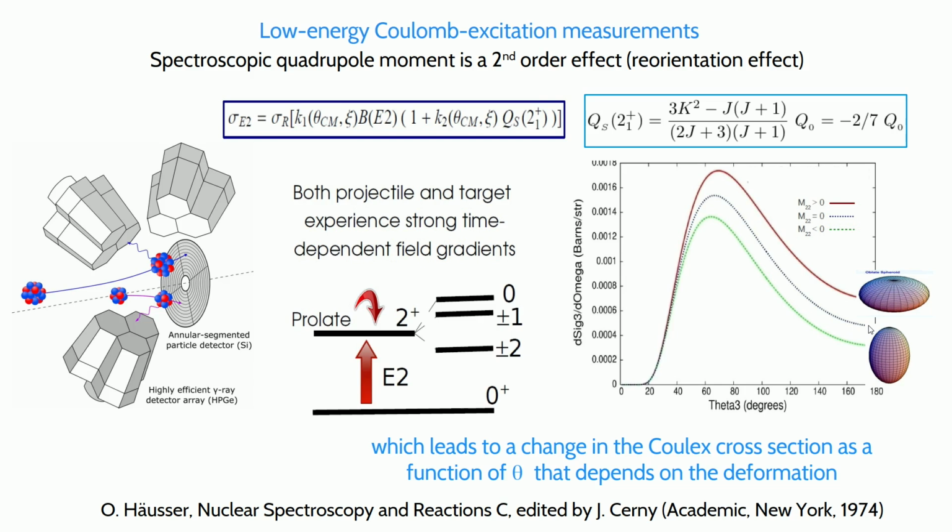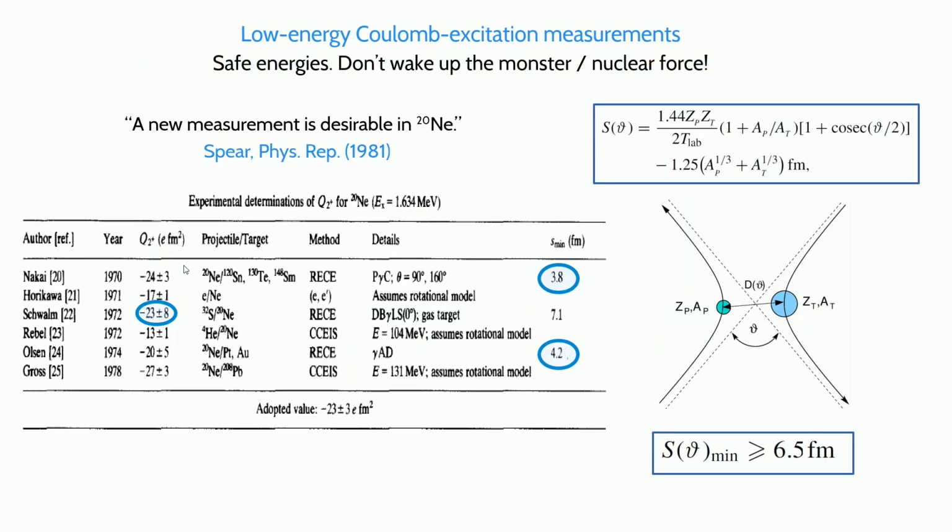So we have a typical experiment which has a silicon detector for particle identification and gamma ray detectors. Very important, as I say, we don't wake up the monster, the nuclear force, so we have to keep the distance between nuclear surfaces at least 6.5 Fermi, which limits our population, our cross-section.